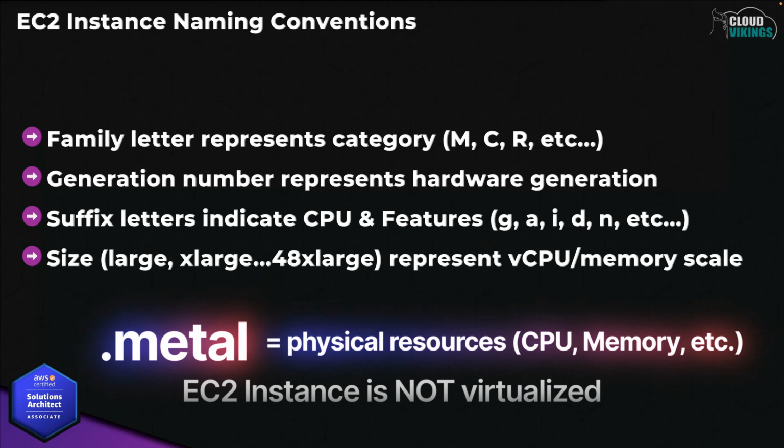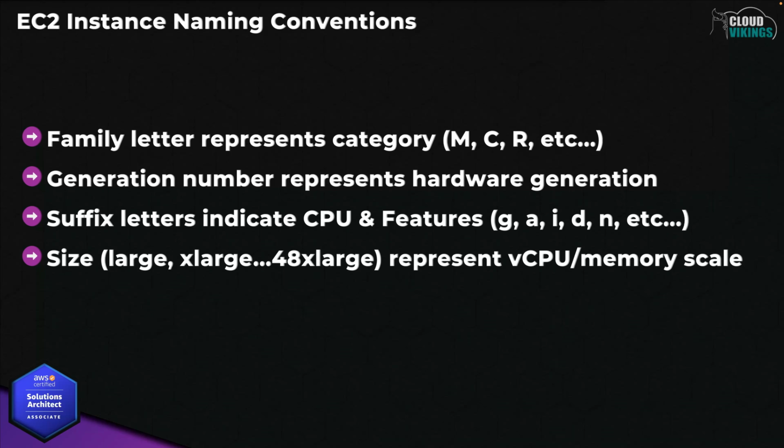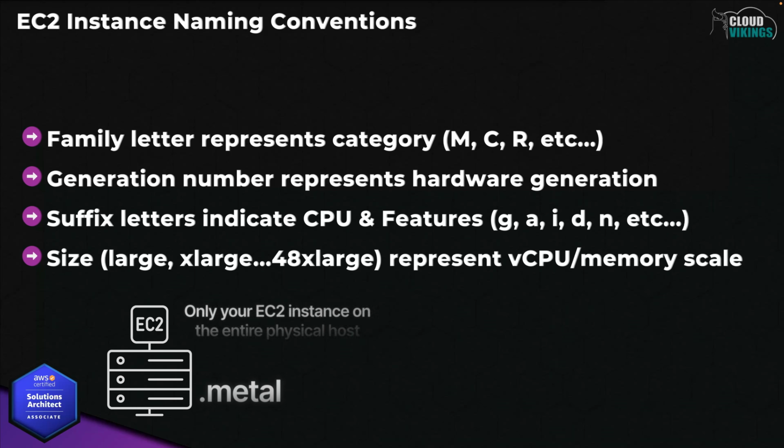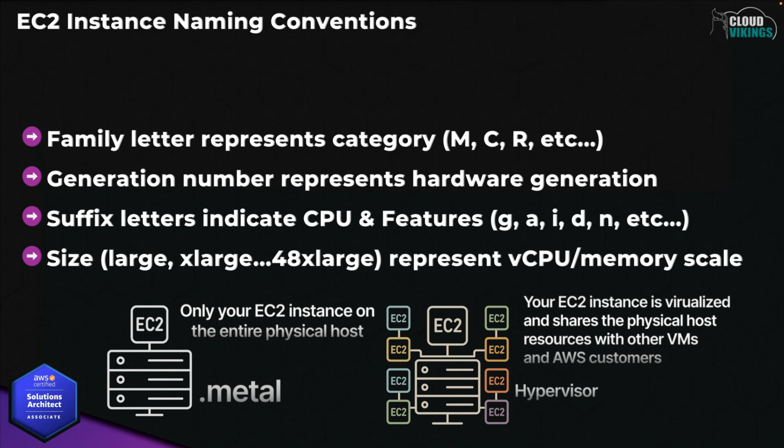Now, for some highly regulated industries with a lot of compliance requirements, these types of .metal instance types may be required, as they would arguably have a higher level of security since they don't have other customer instances running on the same physical hypervisor host. With these .metal instance types, you're basically renting the entire server hardware for only your use, and you'd have that true physical separation of your EC2 instance VMs from other AWS customers.